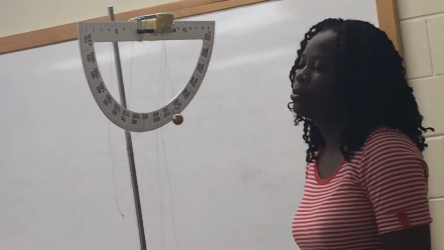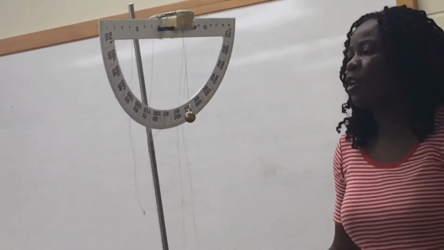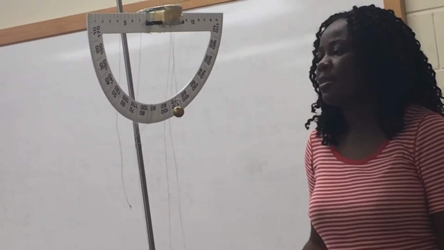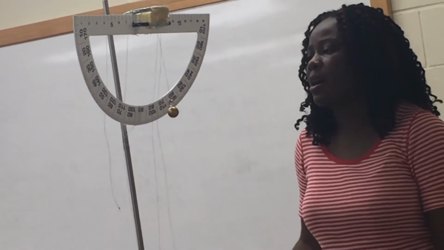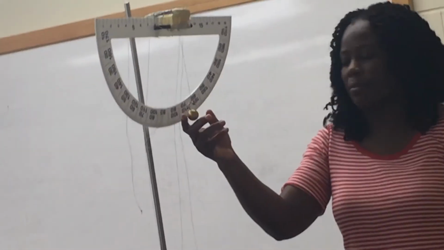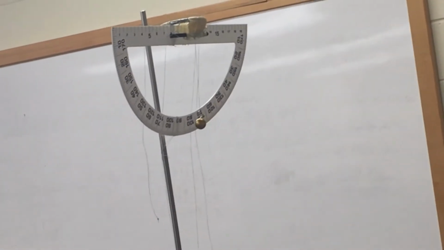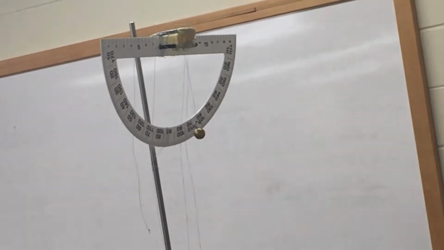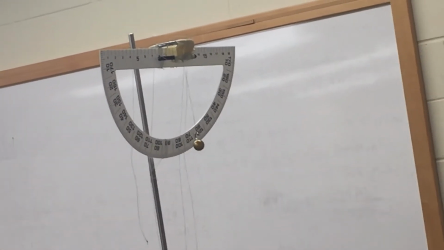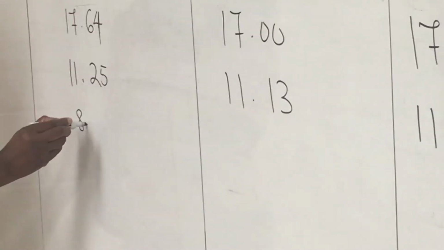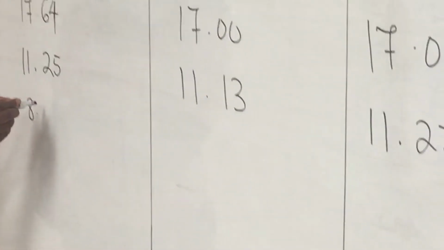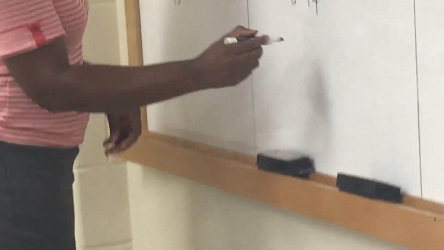1, 2, 3, 4, 5, 6, 7, 8, 9, 10. 8.52. All right, so when the length of the pendulum is 15 centimeters, it's 8.17 seconds.